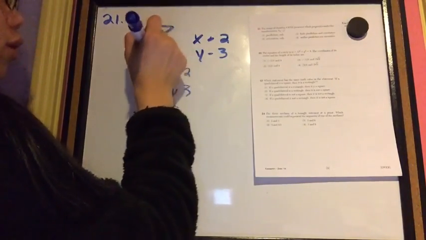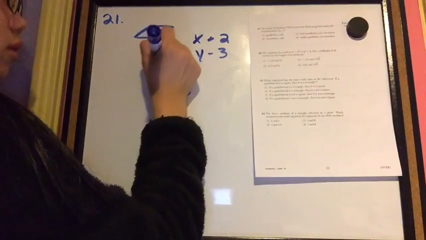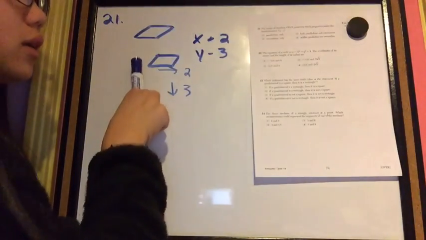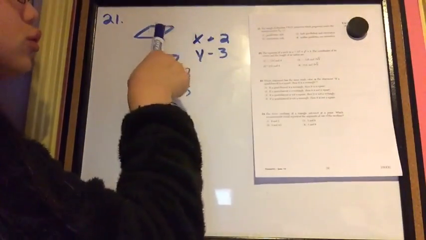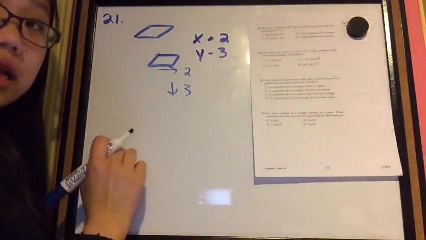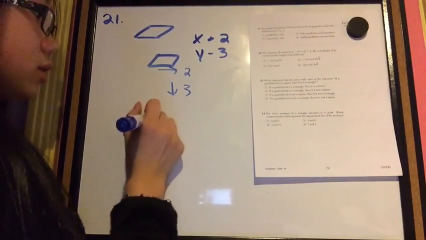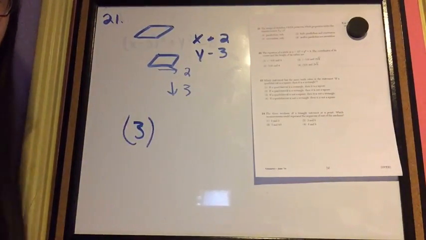So that would go like this. And it still is parallel to the first one, and the orientation, the way you read the letters, is still the same. So it preserves both parallelism and orientation, which is number 3.